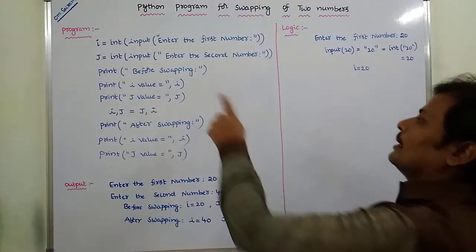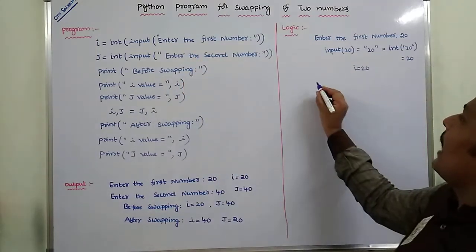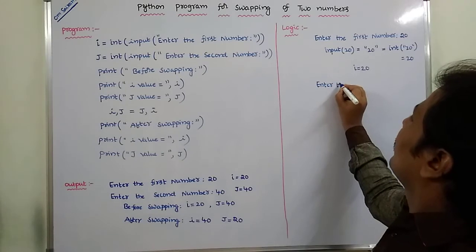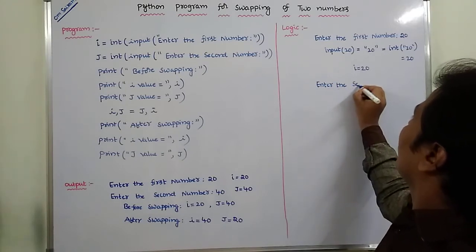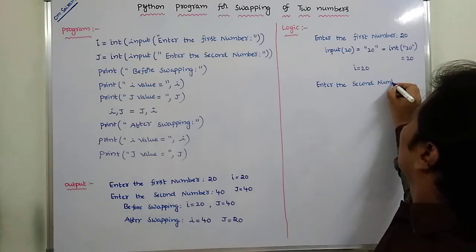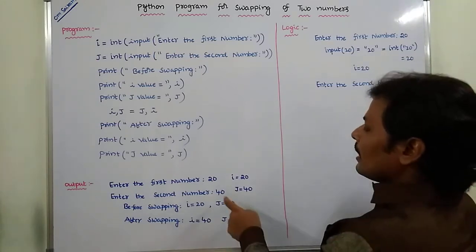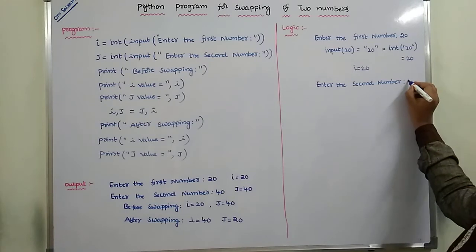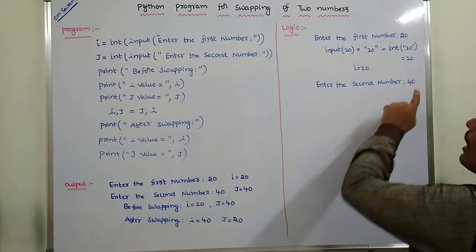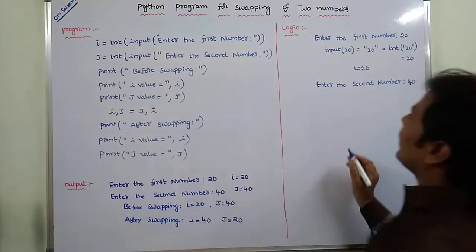Next, go for the second statement. Enter the second number. So here what is the second number? That is 40. This 40 is taken by the input function.